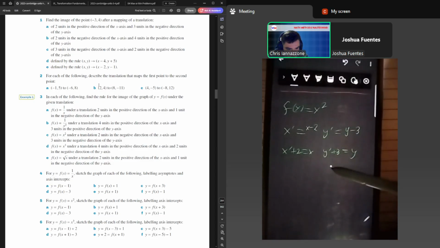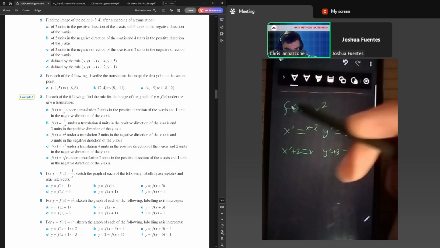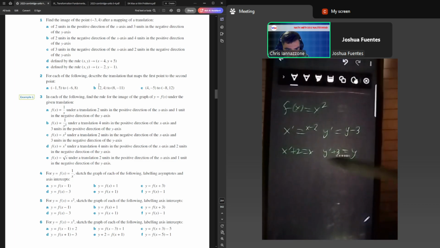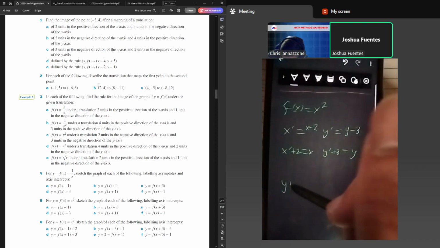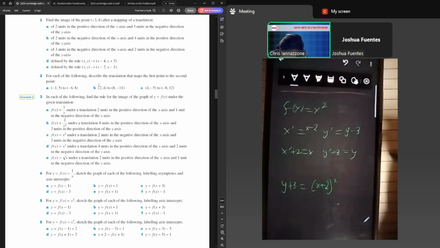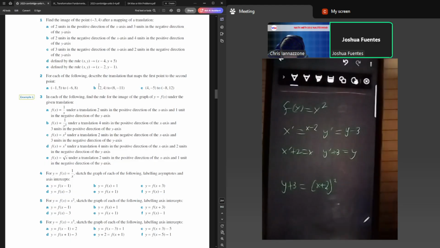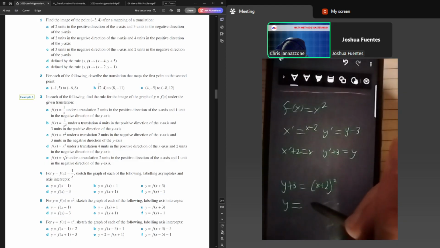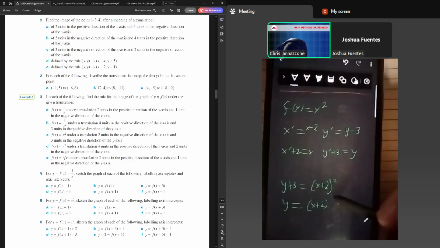And so now when you plug it into your f of x, remember f of x is just another word for y, you now write y plus 3 equals x plus 2 all squared, because you replace the x with the x plus 2. And then one final rearrangement, y equals x plus 2 all squared minus 3.